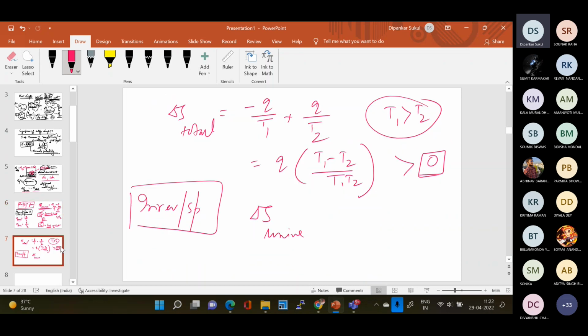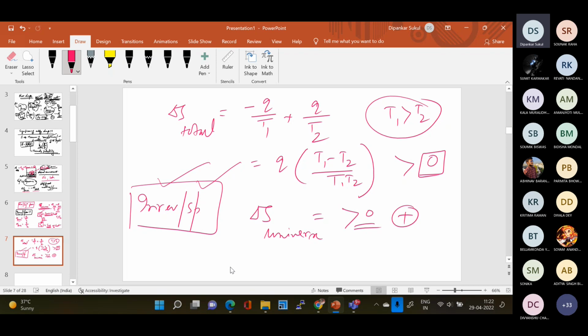But overall, the total entropy change is a positive quantity. A positive quantity means the entropy of the universe will increase for any irreversible or spontaneous process.